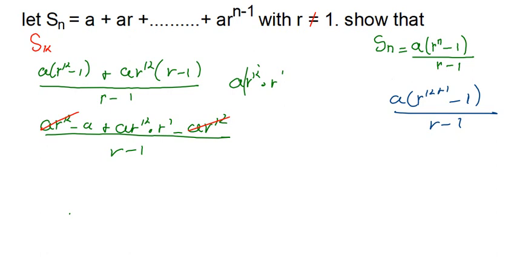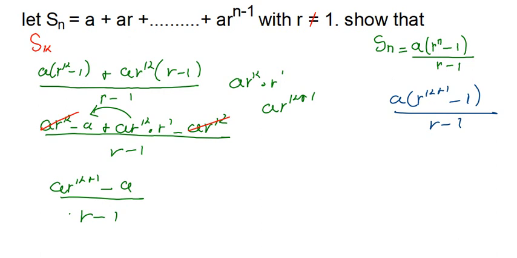These two have the same base, so we just have to add the powers. I can write it as ar to the power k + 1, minus this a that I have here, minus a, divided by r minus 1.